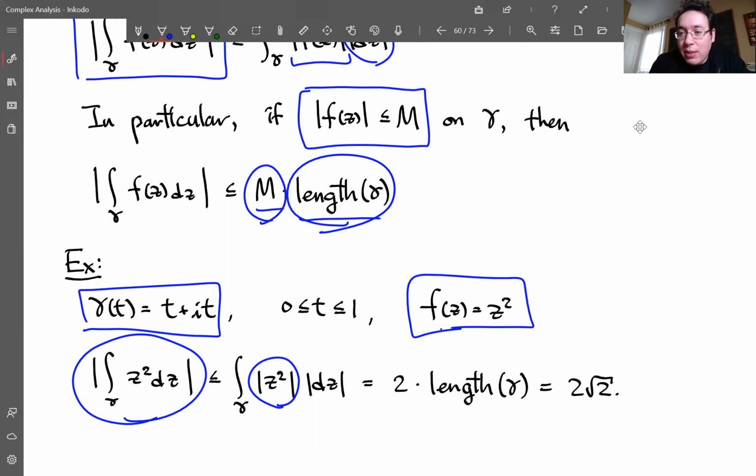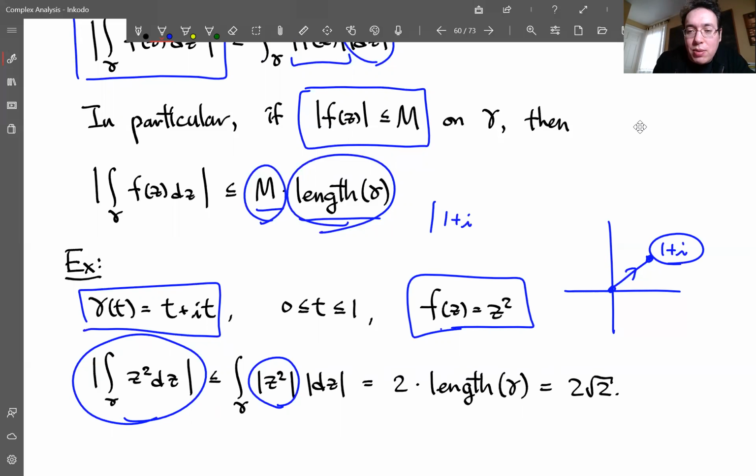We're looking at the value z squared, and the path looks like this. So the modulus of z squared is the modulus of the distance from the center, squared. So the largest z squared could be is right at the end of the path itself.